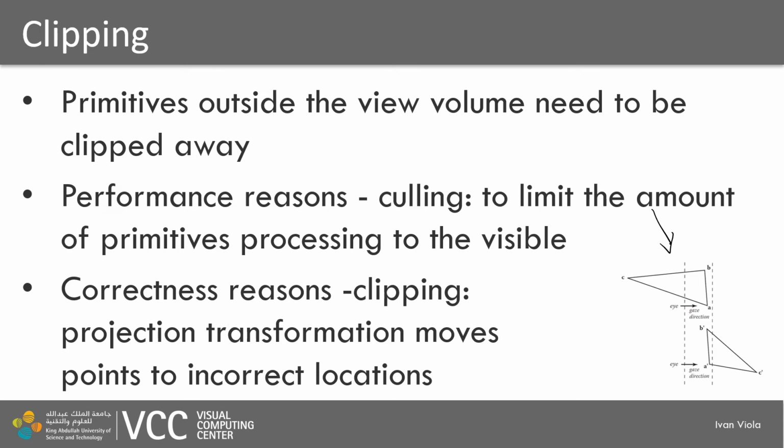The problem is with the point C. With the function which we have just mentioned, the value of the point C will be changed dramatically, and it will suddenly, after the transform, be transformed beyond the far plane, and the orientation and the shape of the triangle will drastically change.